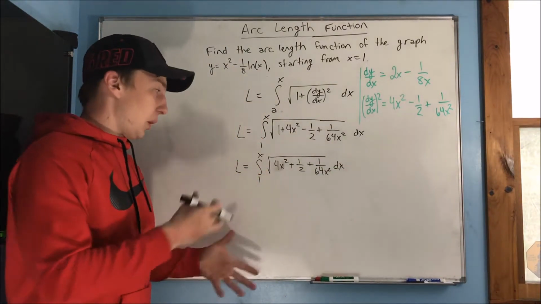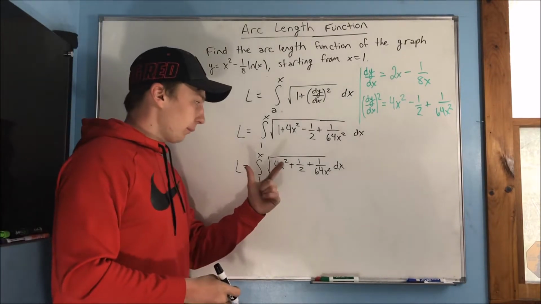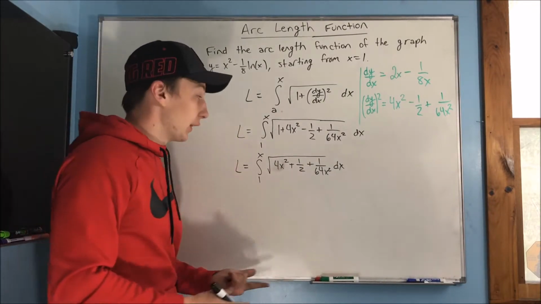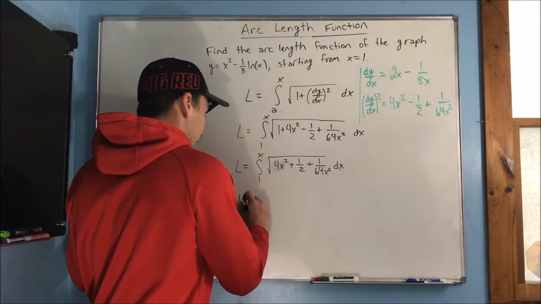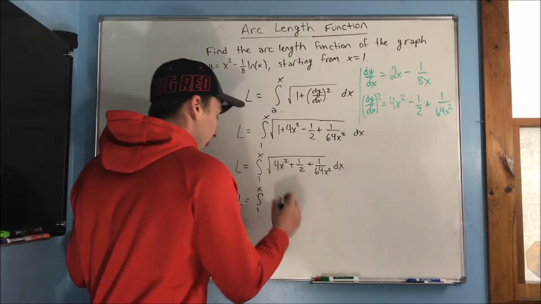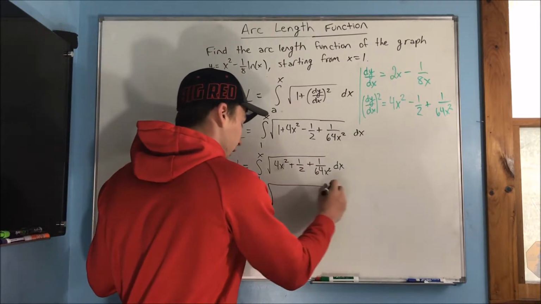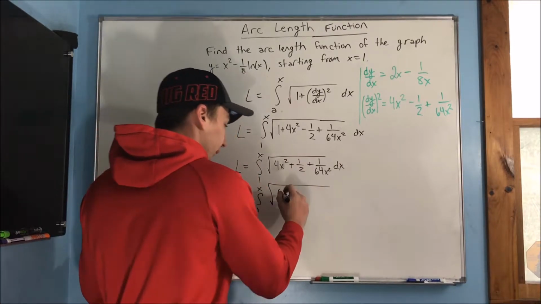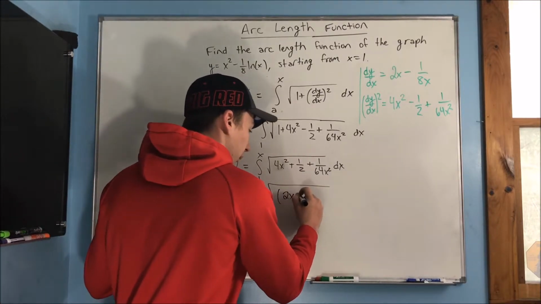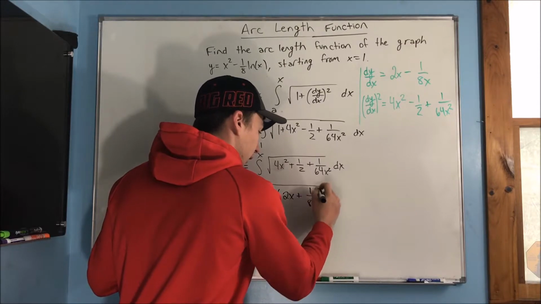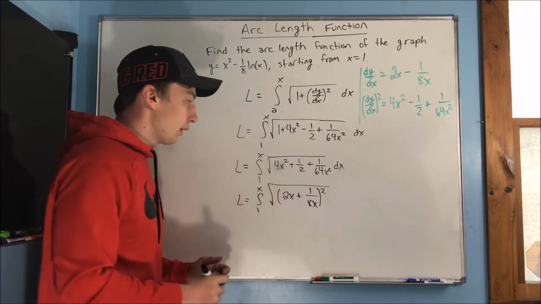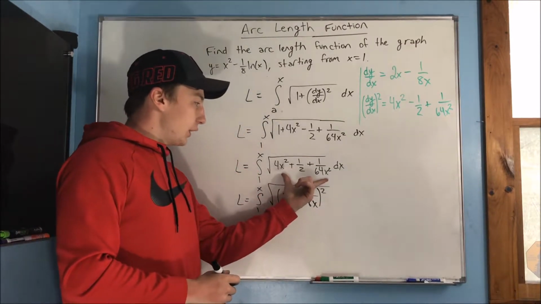Then you might be wondering, okay, where do we even go from here? Well, we can try to factor this actually, and it's going to be pretty easy, because this is literally just the square root of 2x plus 1 over 8x quantity squared. So you see these two pieces right here.